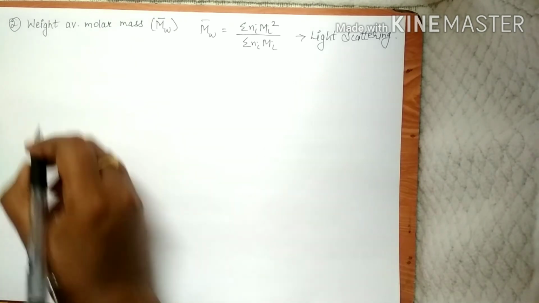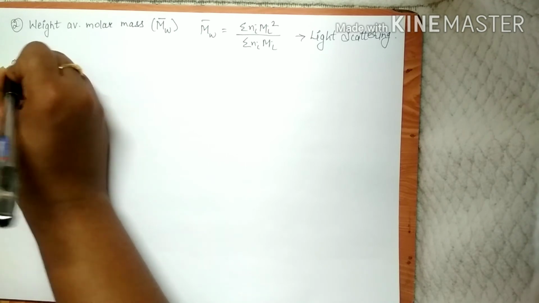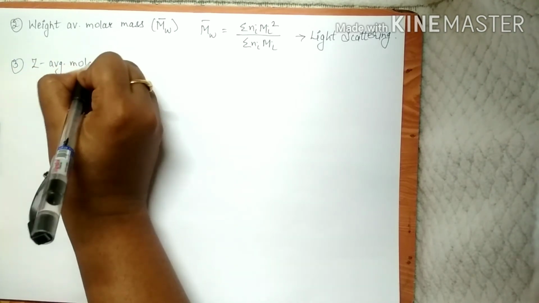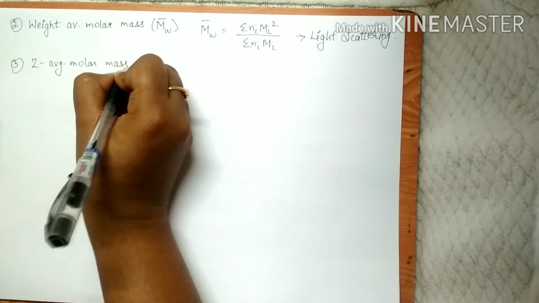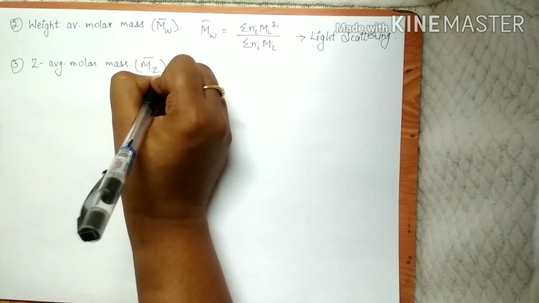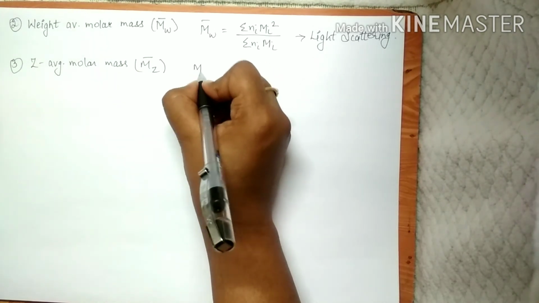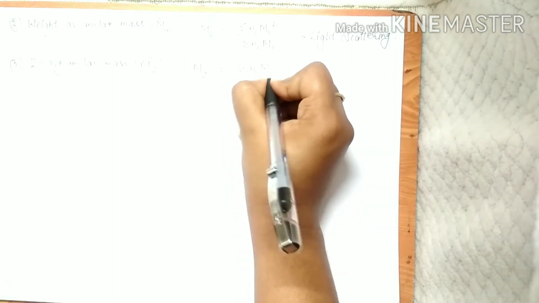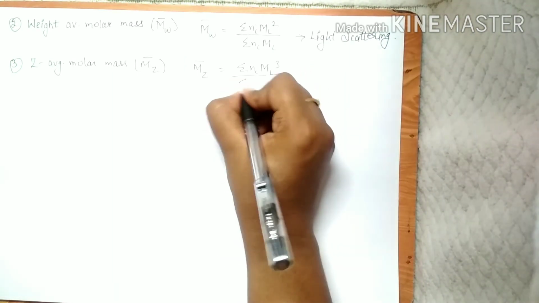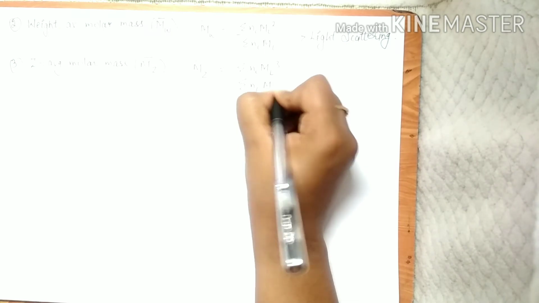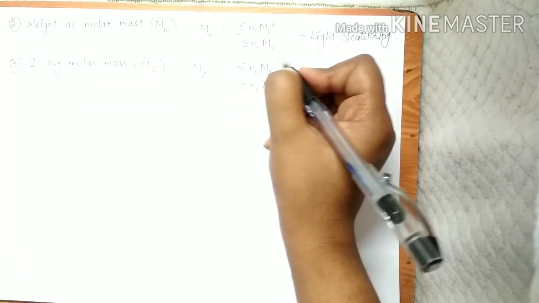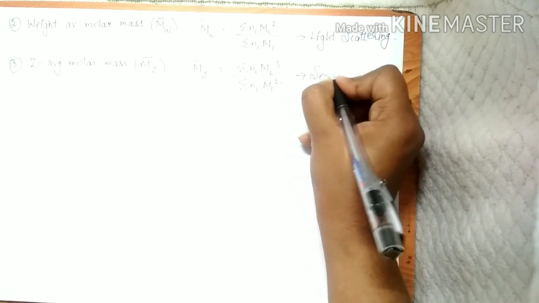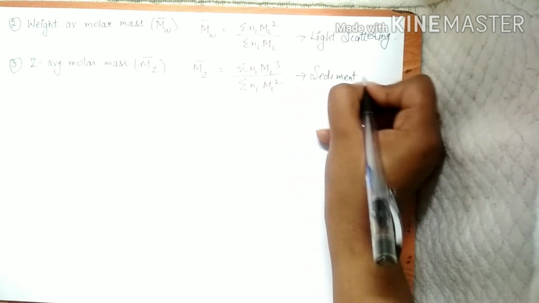Okay, so now the third formula is Z average molar mass, which is represented by capital M to the base Z bar, and the formula for it is Mz bar is equals to sigma Ni Mi cube upon sigma Ni Mi square. And the experimental method used to determine the value of Mz bar is sedimentation equilibria.